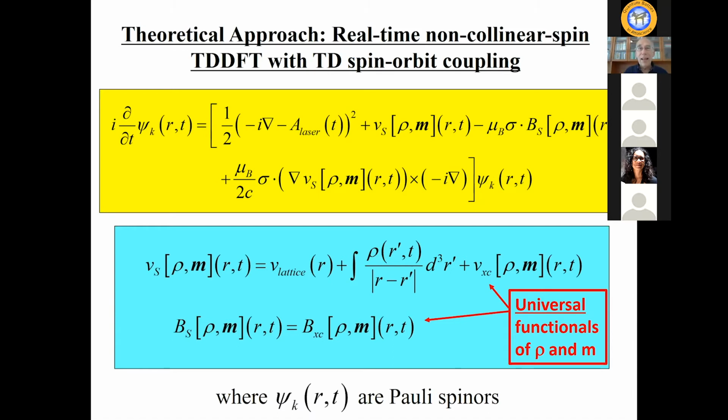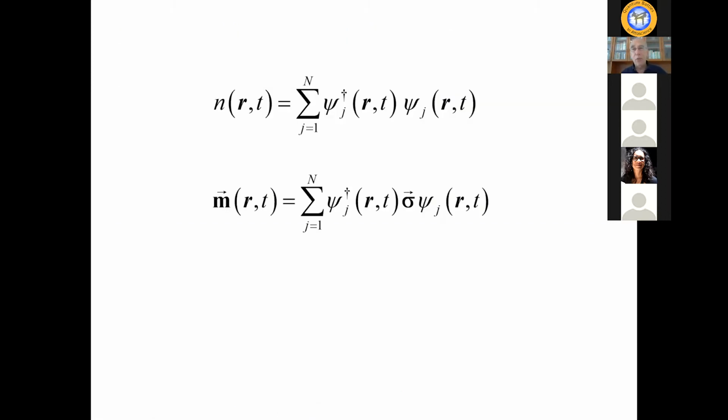And finally, the laser field is given by this time-dependent vector potential.